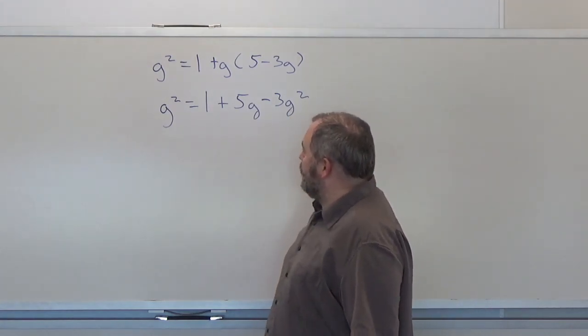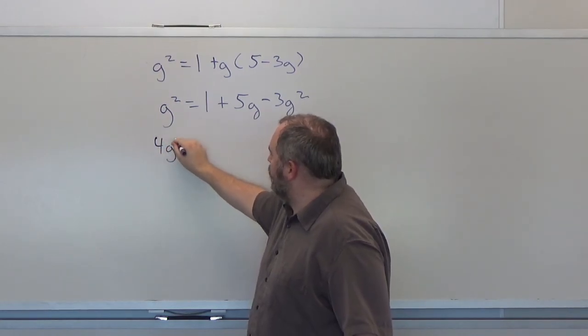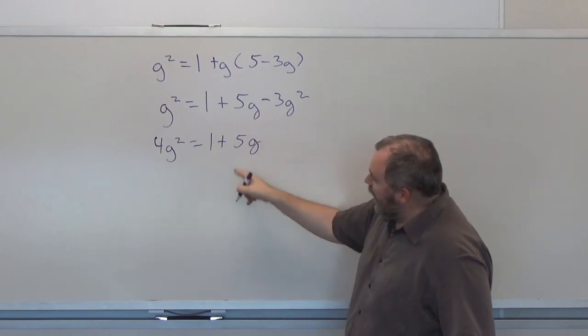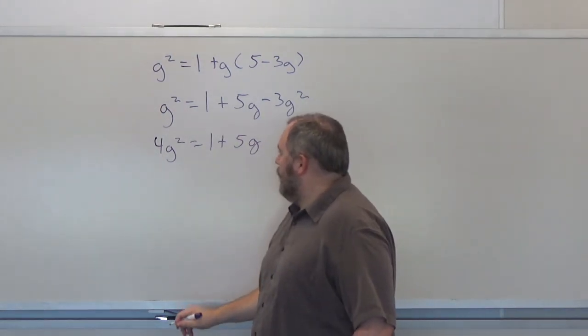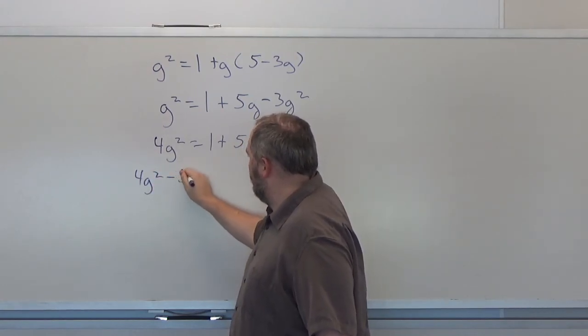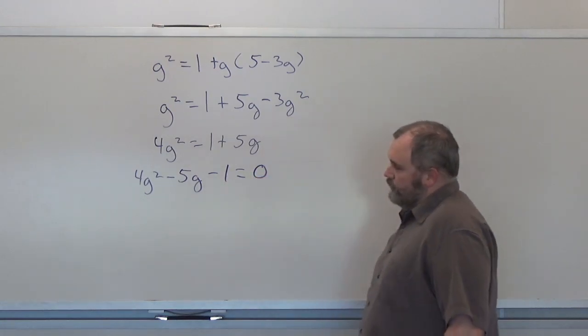I'm going to add 3g to both sides, and that's going to give me 4g squared is equal to 1 plus 5g. Now I'm going to subtract this from both sides, and I'm going to get 4g squared minus 5g minus 1 is equal to 0.